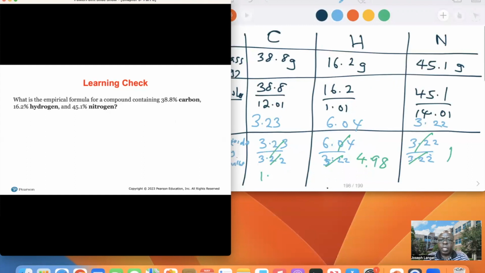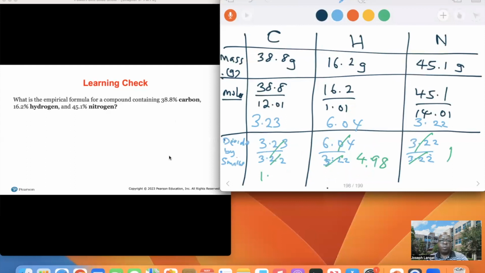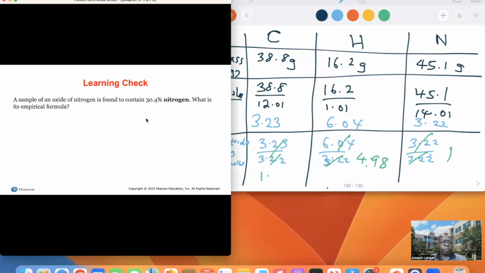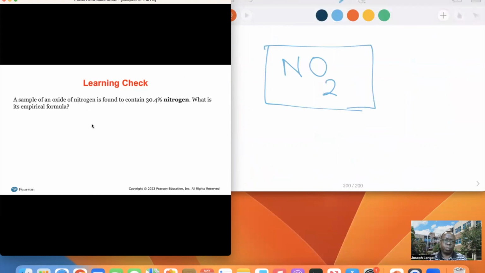Please remember how I started. You can have your own way of learning how to determine the empirical formula for masses. If you are given the masses, you don't have to worry about that. So I'll do the same thing for this. The correct answer for this is NO, please try this question on your own.